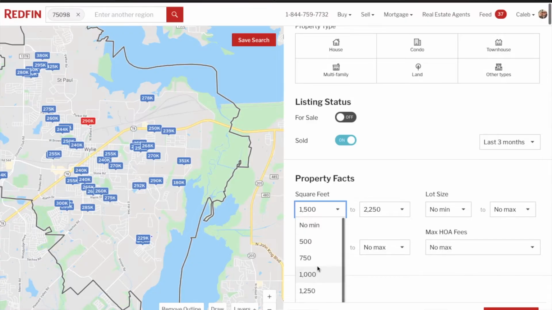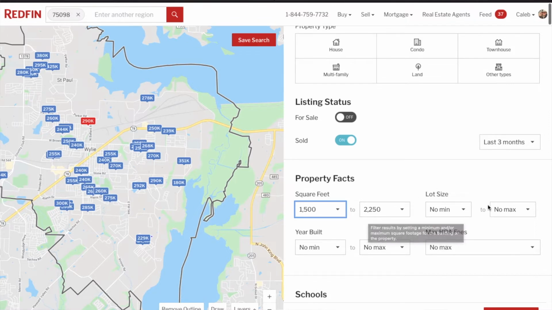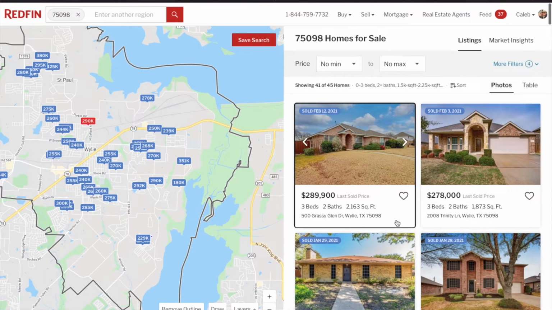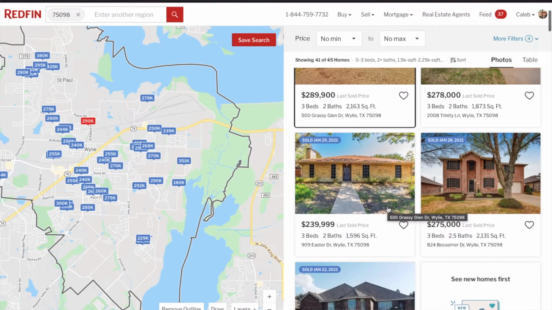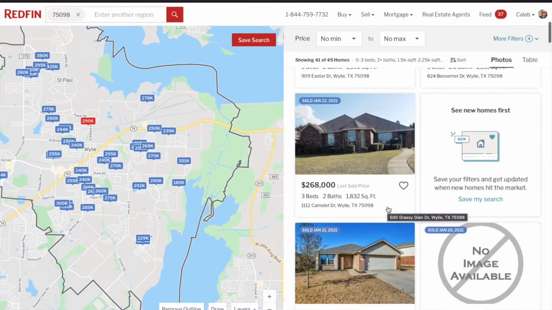But I generally want to look for properties that are 1,500 to 1,800 square feet, or 1,800 to, let's say, 2,100 square feet. That way they stay within 300 square feet top to bottom. So that 1,800 is in our middle.